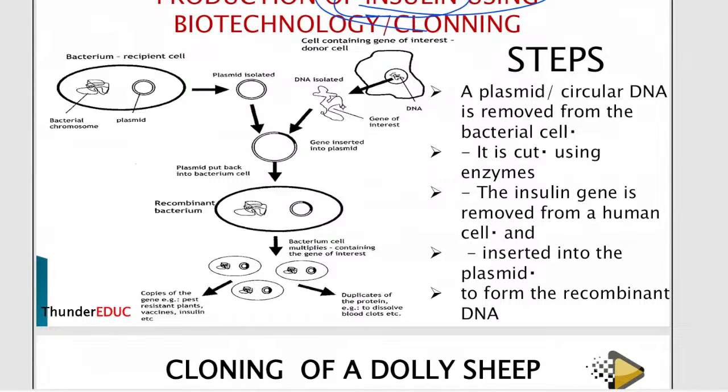That's why I always tell you that when you eat the pig, you are eating your brothers and sisters. We are both non-ruminant. We have almost the same systems. Anyway, that's not the topic for today. The production of insulin using biotechnology: previously we used to get this insulin from the pig liver.